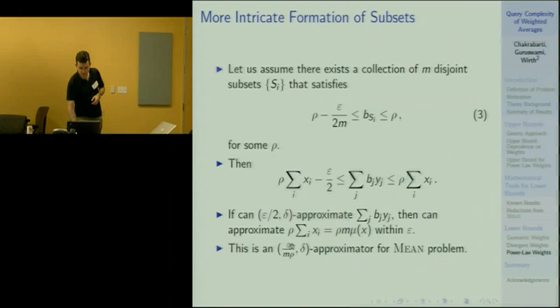Then if we do the appropriate division, with probability 1 minus delta, we're getting an epsilon over m times rho approximator for the mean. It's probably too many formulas on this slide actually. I've been somewhat put off doing slides of this style. It's a bit old.